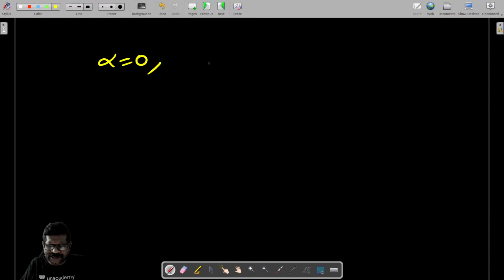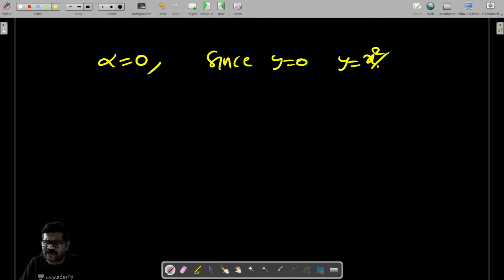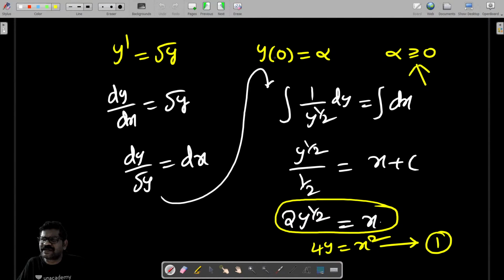What are the two solutions? y equal to 0 and y equal to x square by 4. You have two solutions because the problem is designed that y of 0 equal to alpha.